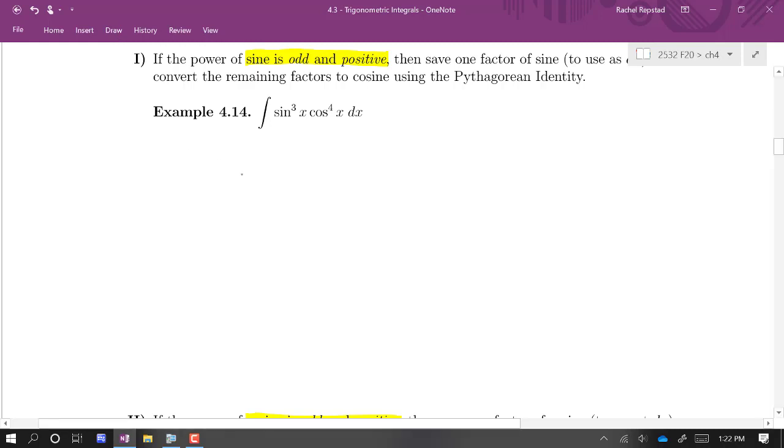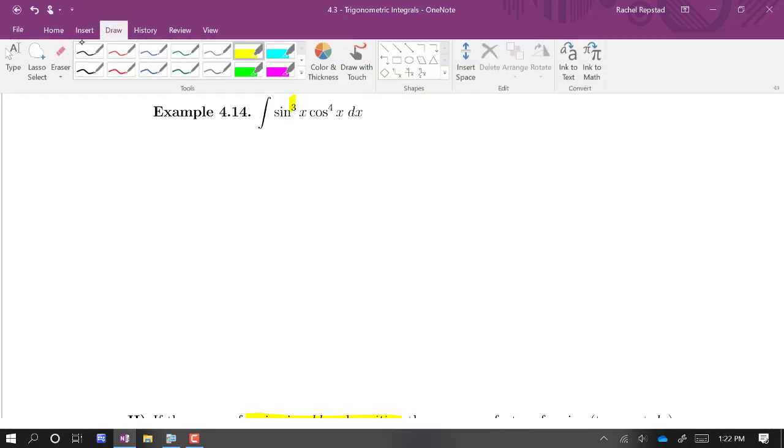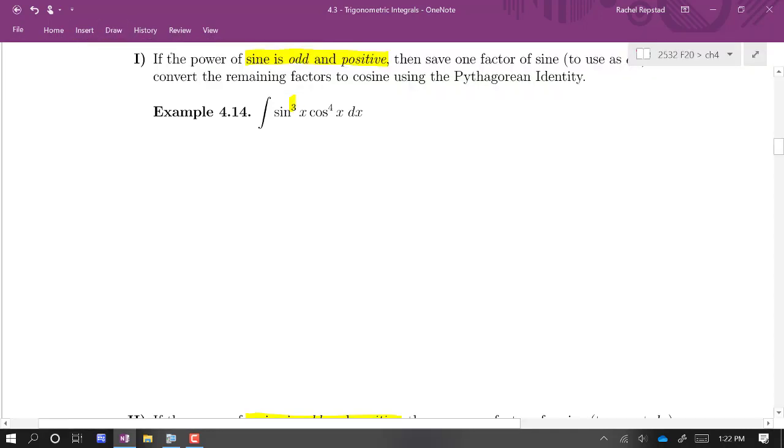So I'm going to show you how it works in this first one. Notice here, the power on sine is odd and positive. So I'm going to peel off a factor of sine x and throw it at the end. The whole idea behind doing that is that the sine x dx at the end is going to be our du. It seems odd that we're thinking about du before we've chosen u, but if we're saving a factor of sine x at the end to be our du, then we must be thinking our u will be cosine x.